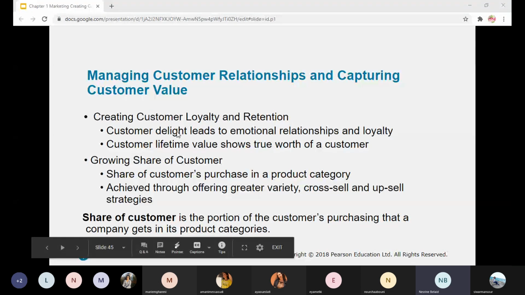So the ultimate aim of customer relationship management is to produce high customer equity. As such, it's a measure of the future value of the company's customer base.